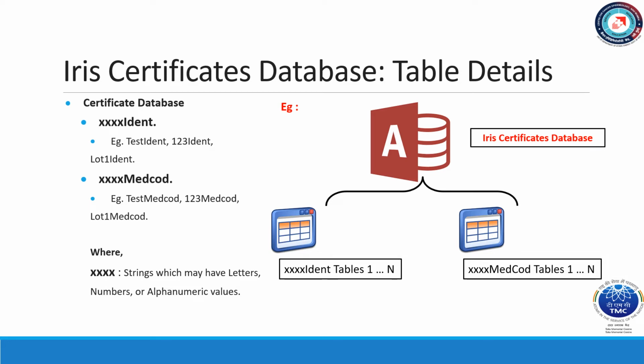You can see that to name the Ident and MedCod table, one needs to add a prefix, here represented as 4 times x, which can be a string containing letters, numbers, or a combination of both, as shown in the examples respectively. Also, one can simply create multiple Ident and MedCod tables using the existing table structures.